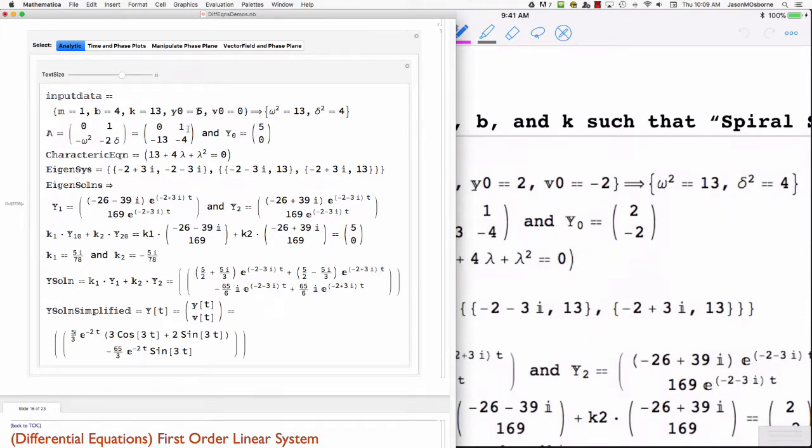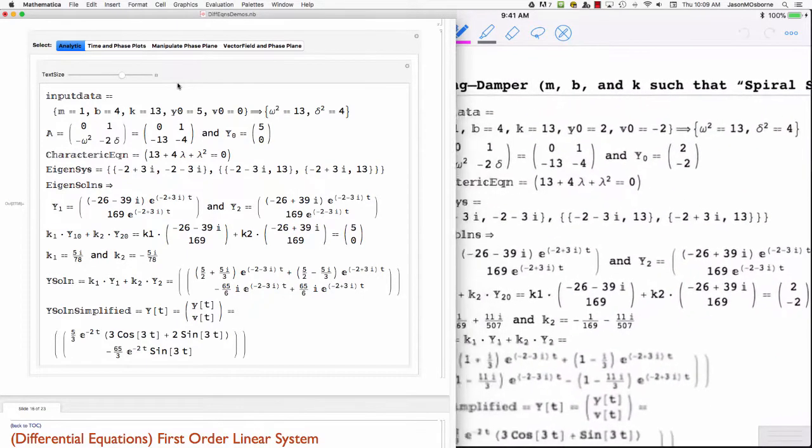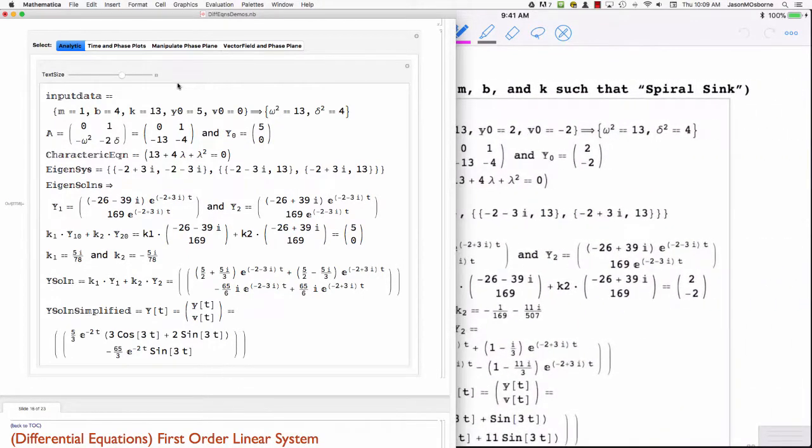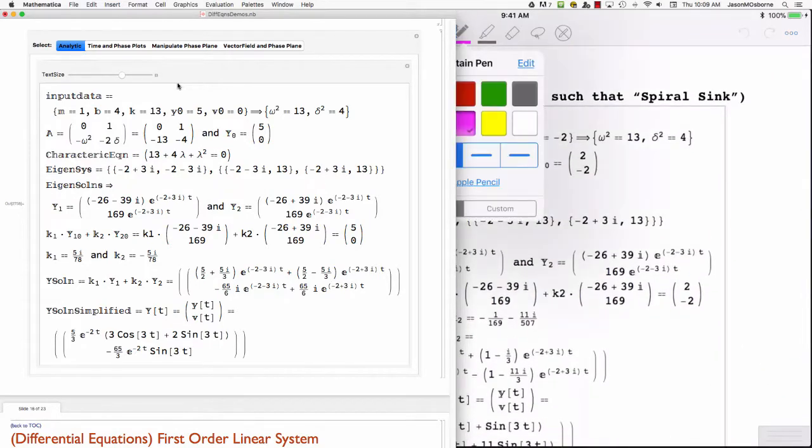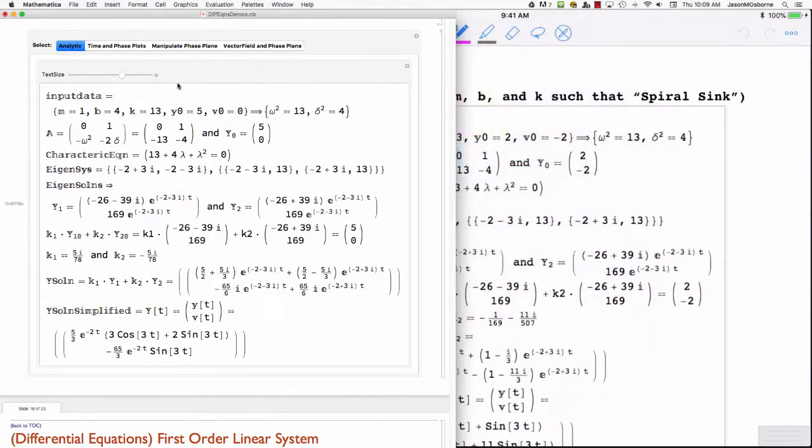Let's look at that case real quick. Notice that we recover what we expected: the differential equation was y double dot plus 4 y dot plus 13 y equal to 0, so b was equal to 4, k was equal to 13, and m was equal to 1.